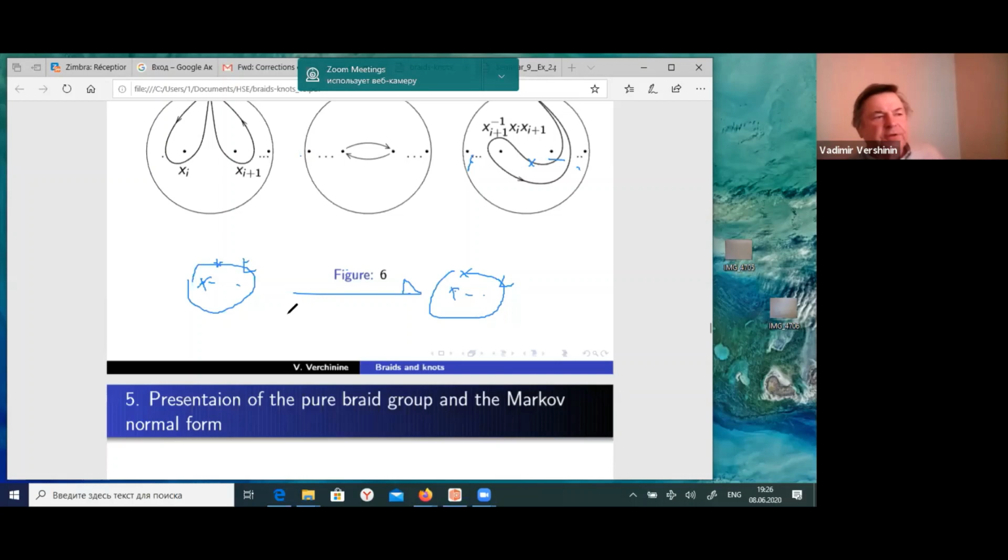So this is the difference from the previous case.